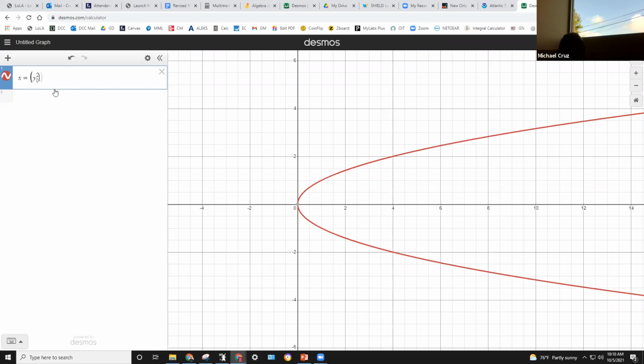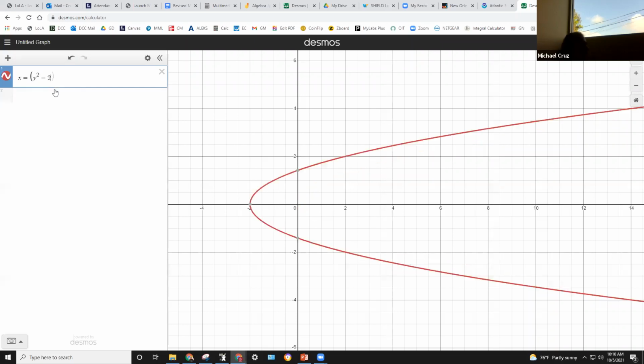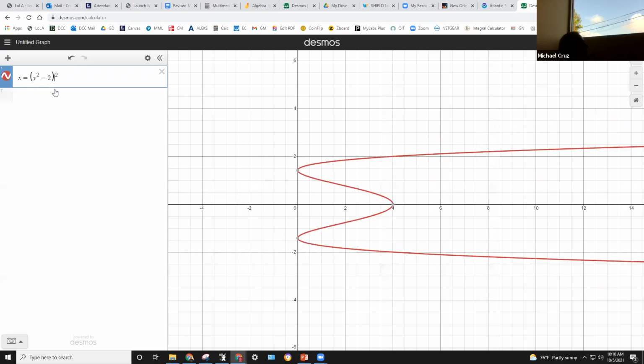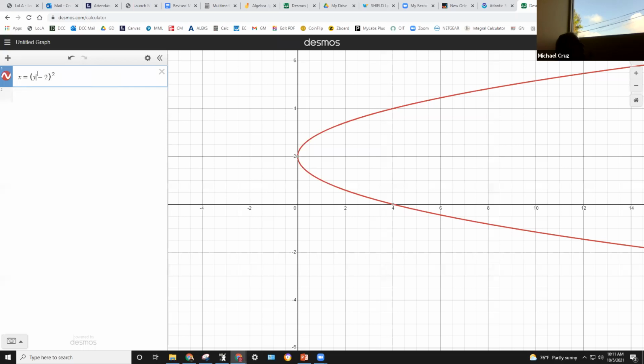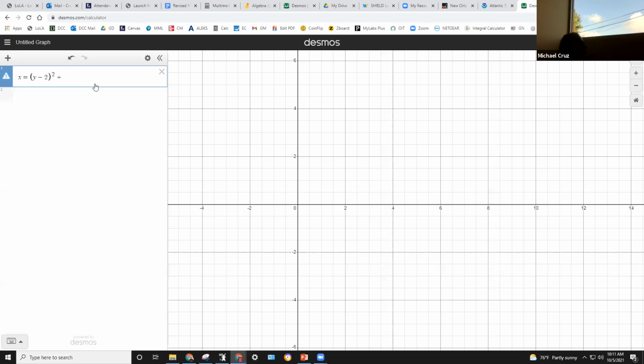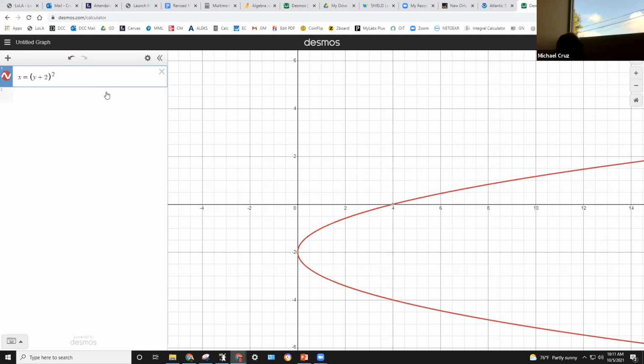This one's only got one y-axis crossing, but I was trying to show you one that crossed the y-axis more than once.